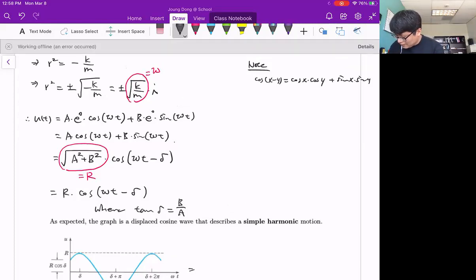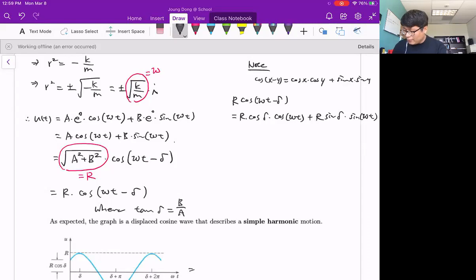From this one, if I say r cosine of omega t minus delta, apply this formula to this solution, then that can be written as r cosine delta times cosine omega t, plus r sine delta times sine omega t. Let me write the delta terms first.